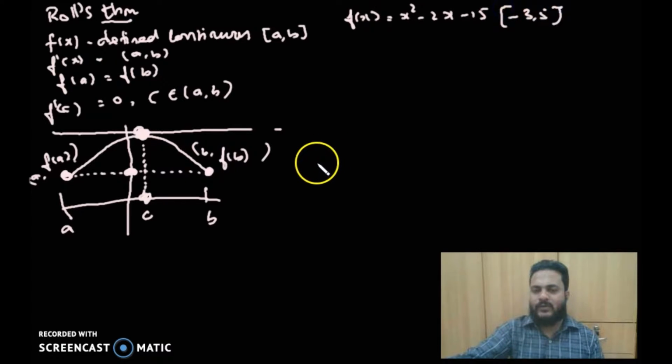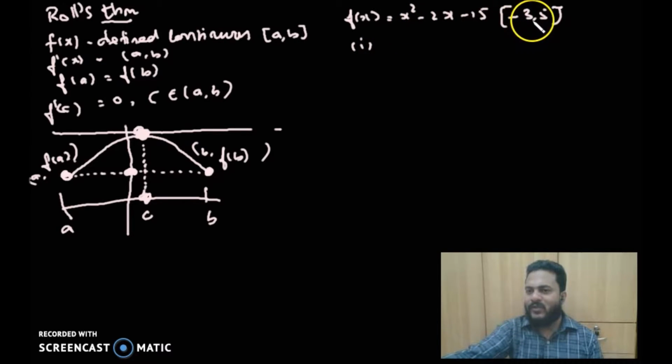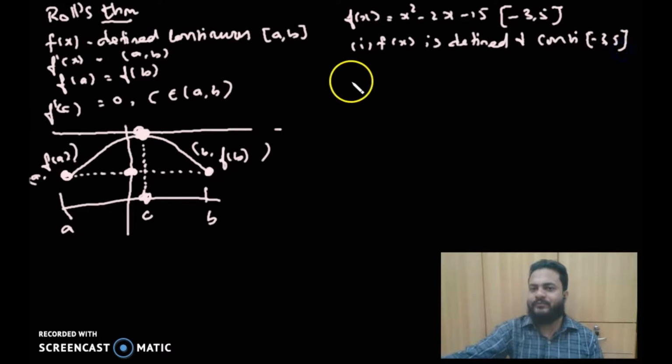Now consider whether f of x is defined in this interval. It's a polynomial. Whatever value you give from this interval, you will get some f of x value, and hence f of x is defined and continuous in the interval minus 3 comma 5.